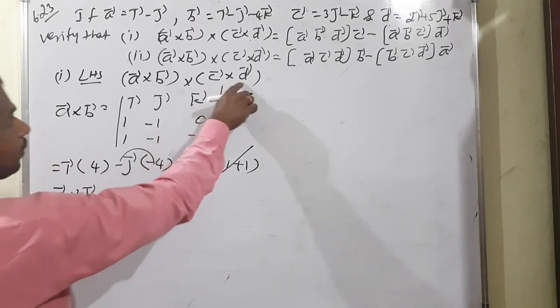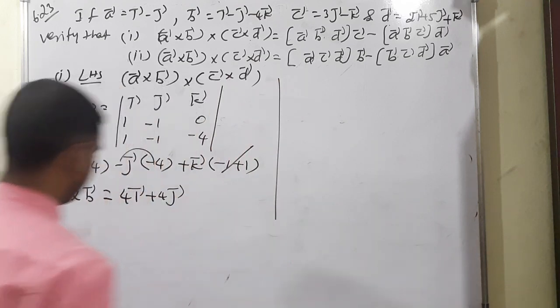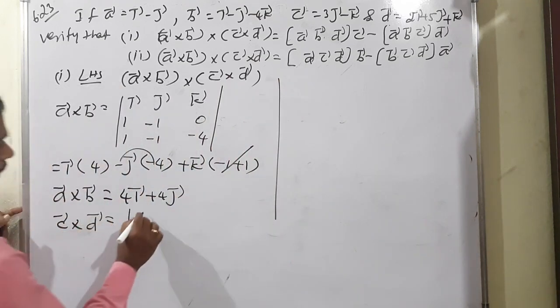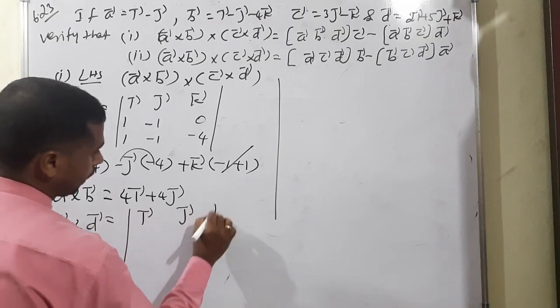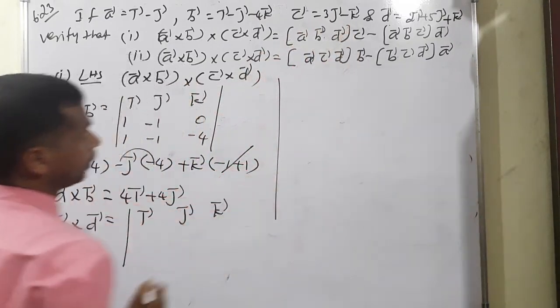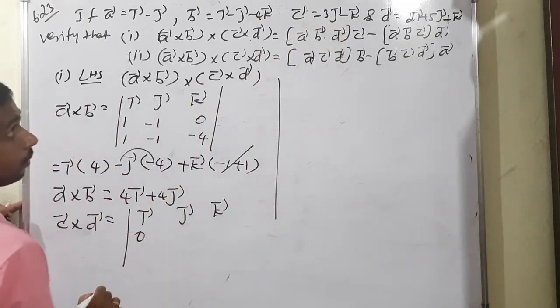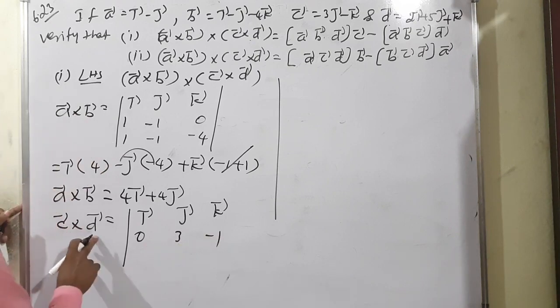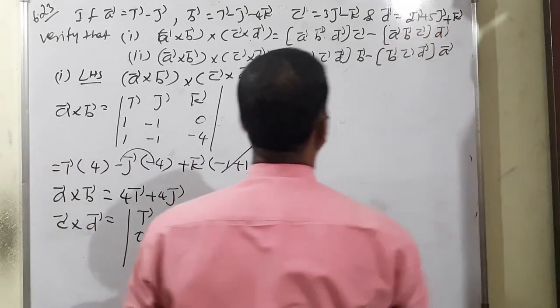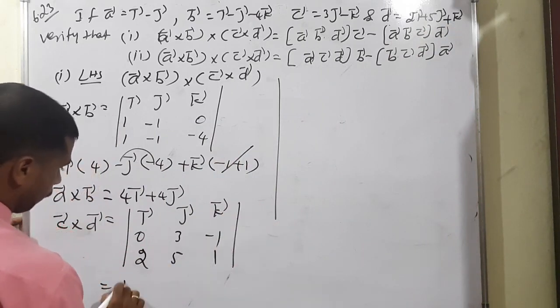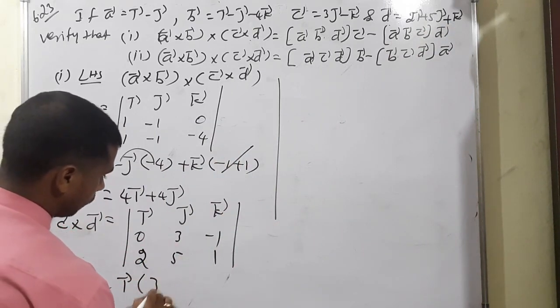Next condition, c vector cross d vector, isn't it? Now, c vector cross d vector is equal to determinant i, j, k. c vector is equal to 3 minus 1, I know, that's why written for 0, 3 minus 1. Then d vector means 2, 5, 1. Therefore, i vector means 3 into 1, 3.